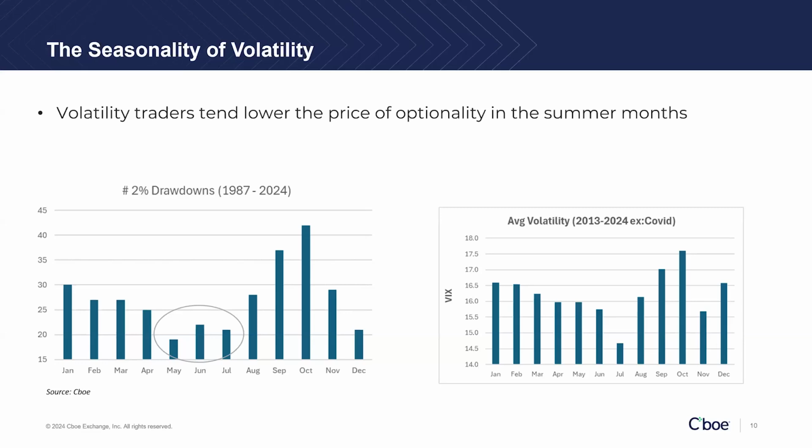As you can see over here, in general, traders expect volatility to be relatively high in September, October, November, but relatively low in summer months. So they price the VIX accordingly. They tend to lower the volatility surface and lower the price of optionality in the summer months, and then raise them up generally about 3 weeks after we get back from Labor Day in anticipation of Q3 earnings.